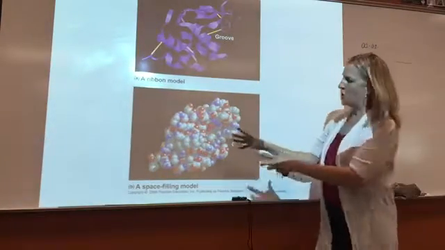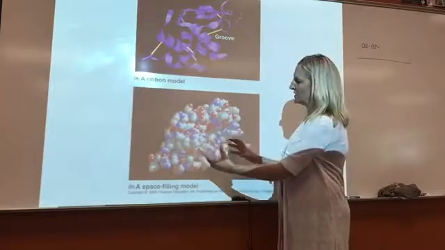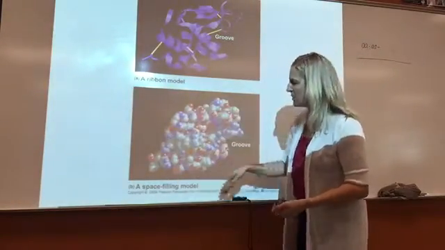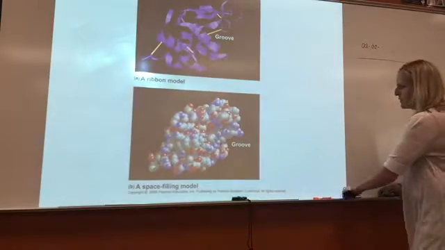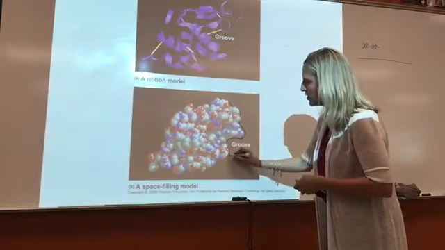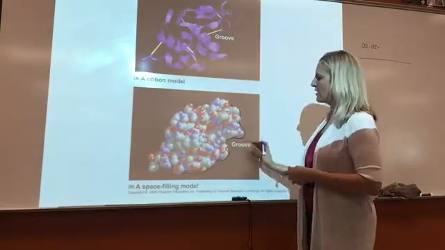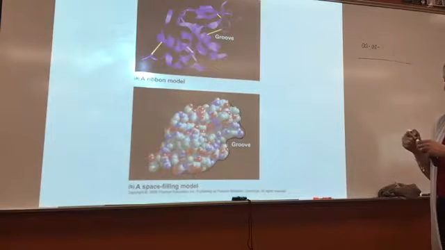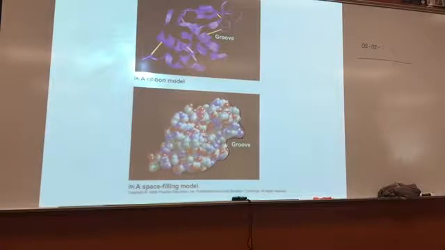Sometimes they'll just show how the atoms are bonded in what's called a space filling model. This kind of gives you the overall shape of the molecule, and so for instance, this shape right here might be part of its active site. All right, that's where the sucrose binds to the enzyme, and so that's another way to look at it.